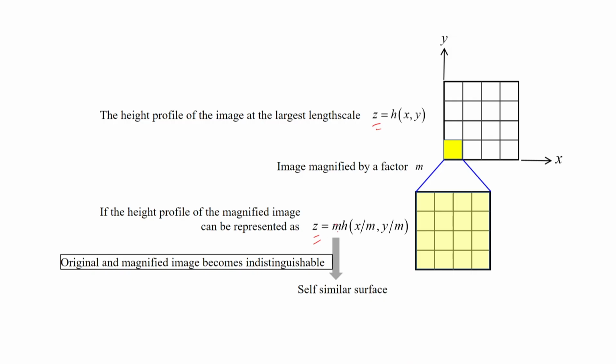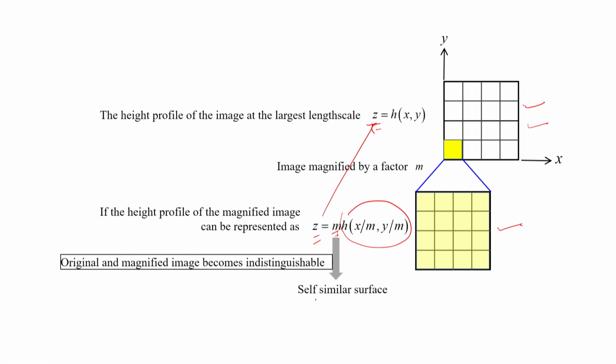So you multiply this height by the quantity m, and this surface at this magnification becomes identical to this surface at this magnification. So the original and magnified image become indistinguishable.